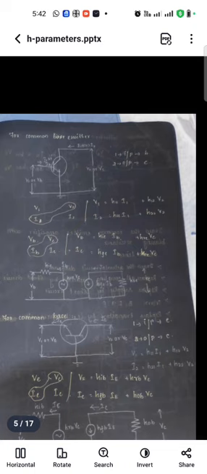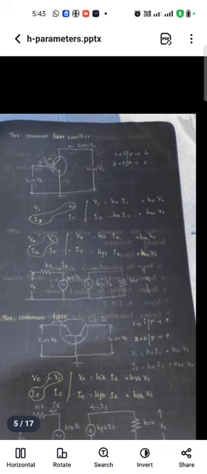Then we will write the current voltage equation. Here also we choose the independent variables V1 and I2. Here V1 indicates VB and I2 indicates IC. Same configuration: instead of h11 into I1, now we represent h11 as HIE, because the first 1 indicates input and this is the emitter configuration.